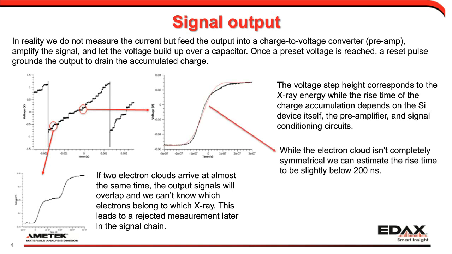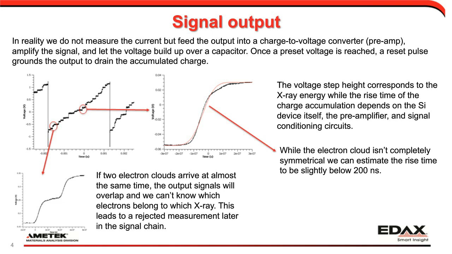So here I fitted the rise function we see here with a Gaussian distribution, or an integrated Gaussian. And we can see the electron cloud is not quite symmetrical, not quite Gaussian in shape. There's a bit of a tail that takes longer to sweep in. There's various physical reasons for that. We won't go into the exact details.